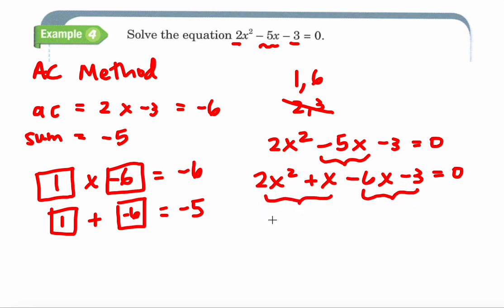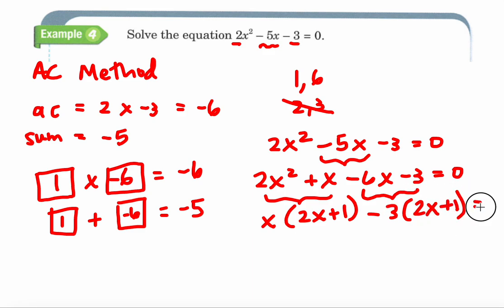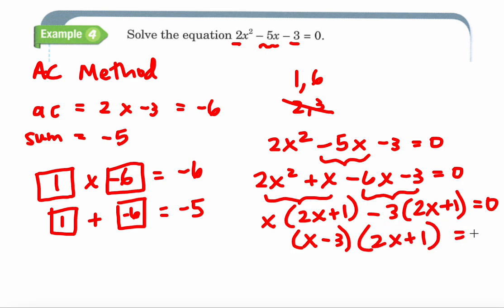I take my x's out here, so that's x times 2x plus 1, minus 3, take that 3 out, so that'll be 3 times 2x, and then negative 3 times a positive 1 is a negative 3 still. So I end up with x minus 3 times 2x plus 1 equals 0.